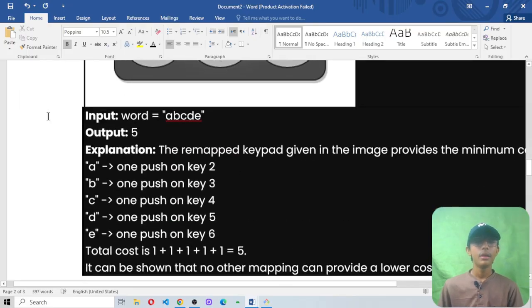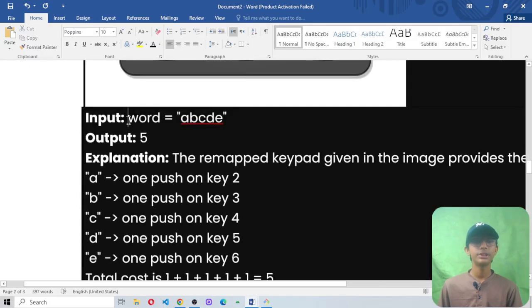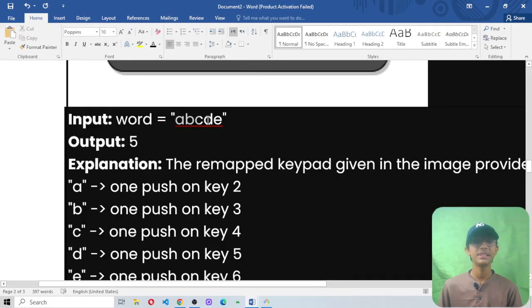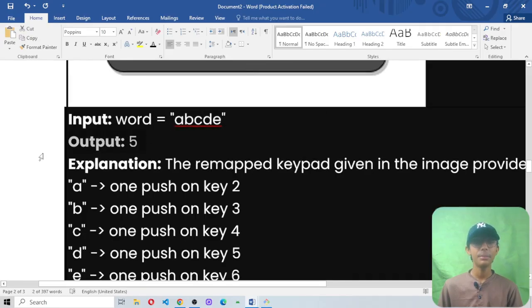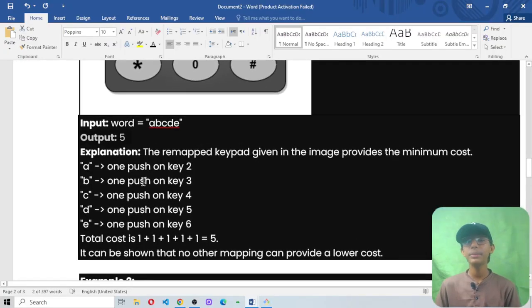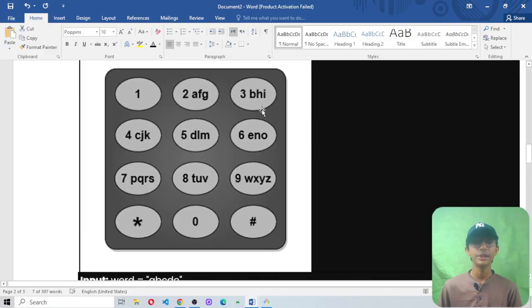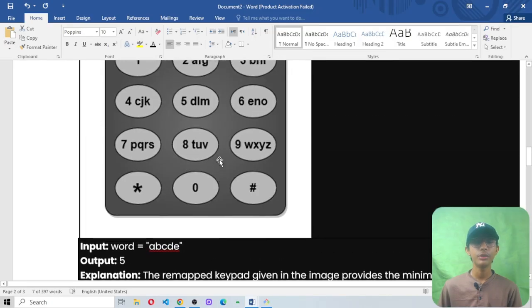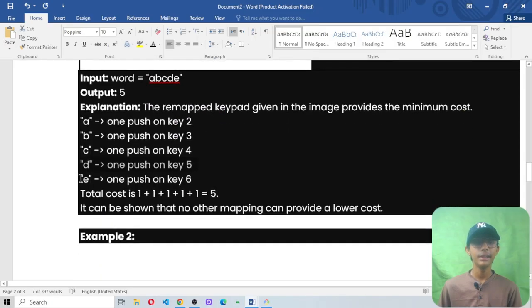If you see the input here, you get a string named word, in which he wrote A, B, C, D, E, and the output coming is 5. Why? Because the remapped keys given in the image provide the minimum cost: A, one push on key 2, B, one push on key 3, C, one push on key 4, D, one push on key 5, and E, one push on key 6.